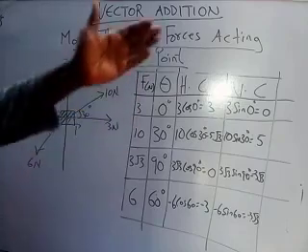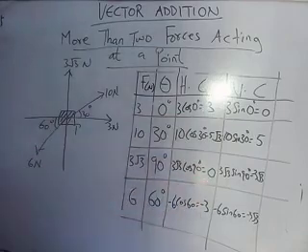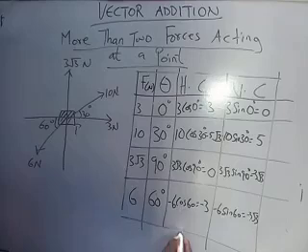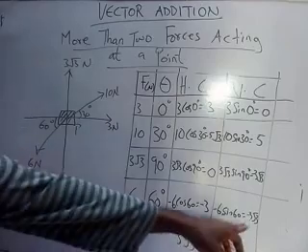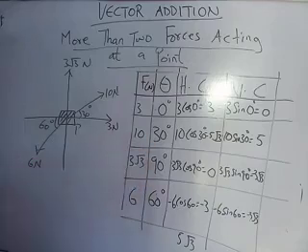So now add up. 3 minus 3 will be 0. So what we have here is 5 root 3. Here, minus 3 root 3 will cancel this 3 root 3. Remain only 5 over there. Hope it's captured. Okay, it's not captured.